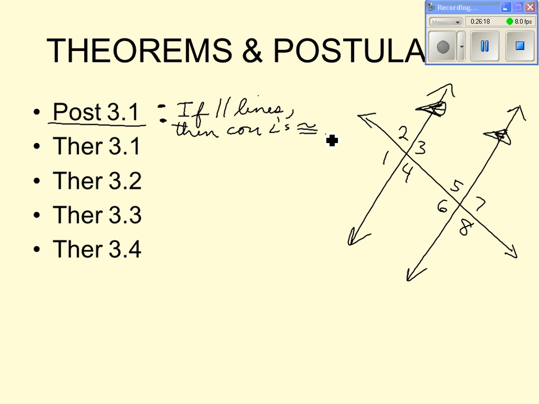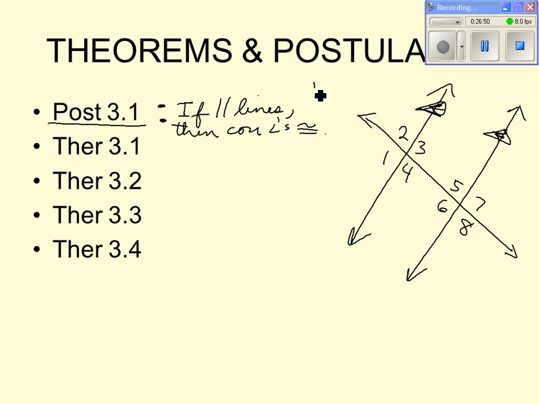Tell me a pair of corresponding angles over here. Bailey, give me a pair of corresponding angles in that picture. Then they are congruent. Remember, with corresponding angles, you take the two lines, shove them together, not fold them or anything, just shove them together, and they should overlap each other. 2 and 5.